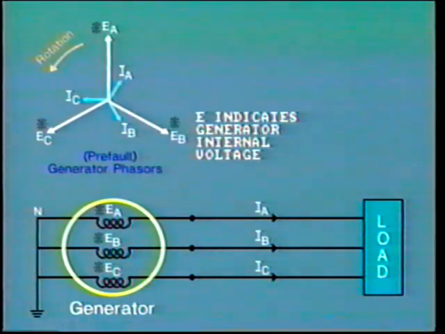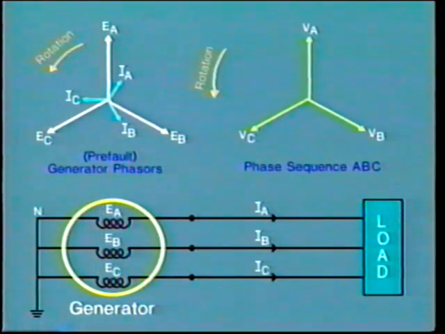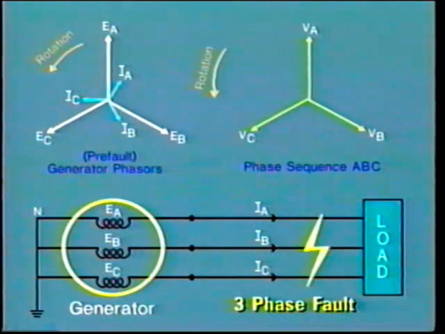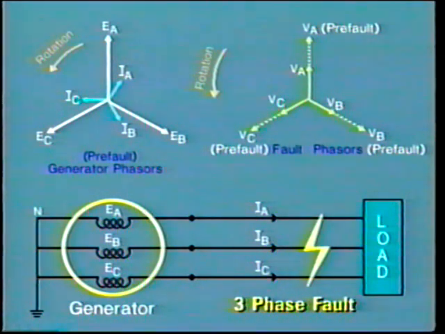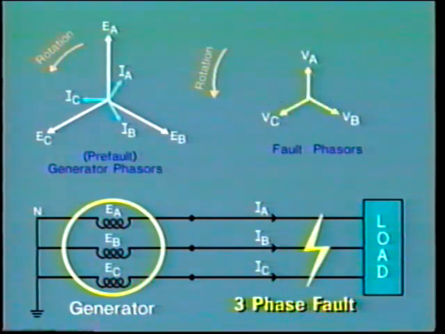The symbol E is often used to indicate generator internal voltage. E is, in fact, the source voltage behind the generator impedance. When the short circuit occurs across all three phases, the voltage at the fault falls rapidly. But note, all three phases are still of equal magnitude, and the three phases still maintain the same relative angular displacement, that is, 120 degrees apart.